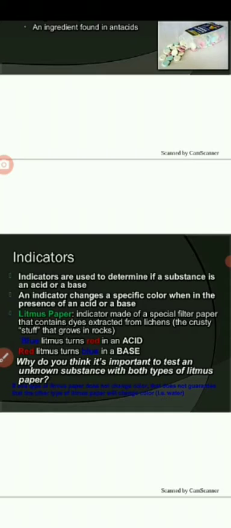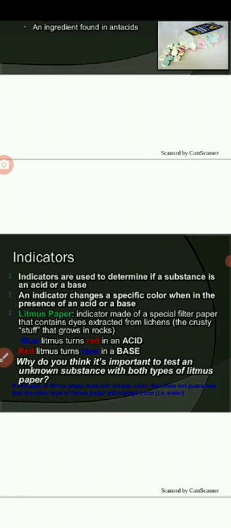The litmus paper is a natural indicator which is used to determine if a substance is an acid or a base. It is made of a special filter paper that contains dyes extracted from lichens. Lichens are the crusty stuff you have seen growing on rocks.